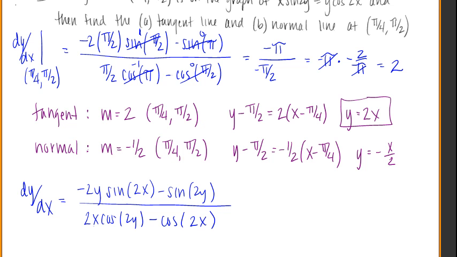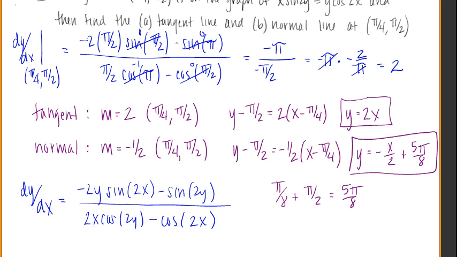Negative 1/2 times pi over 4 will be a positive pi over 8, and I'm going to have to do some math here, plus pi over 2, it's going to be 5 pi over 8, so plus 5 pi over 8 for a y-intercept. That's going to be the normal line, and that's going to be the tangent line, both linear equations. Alright, and that calls us finished for this lesson.